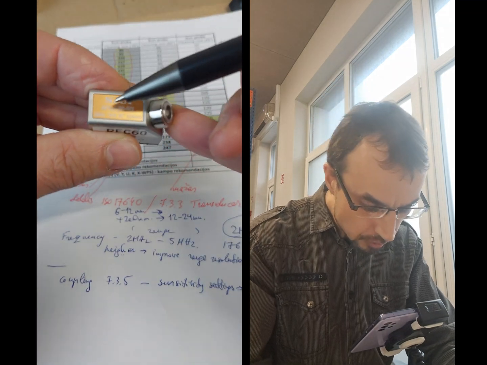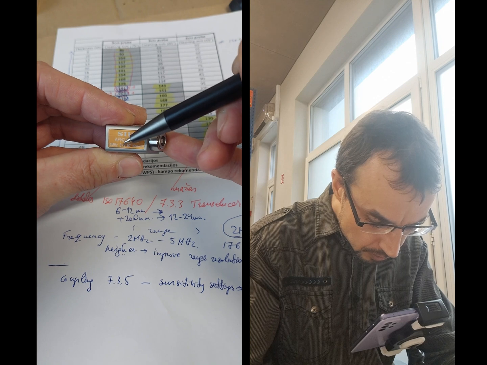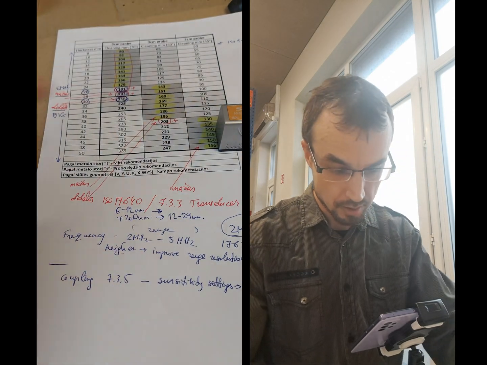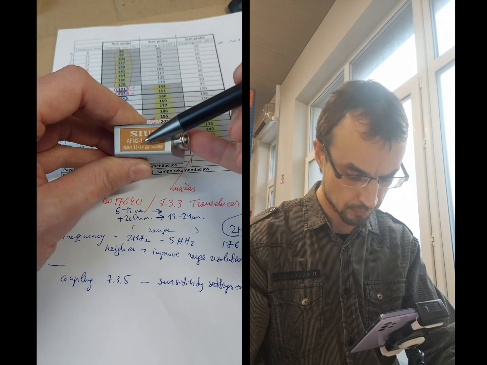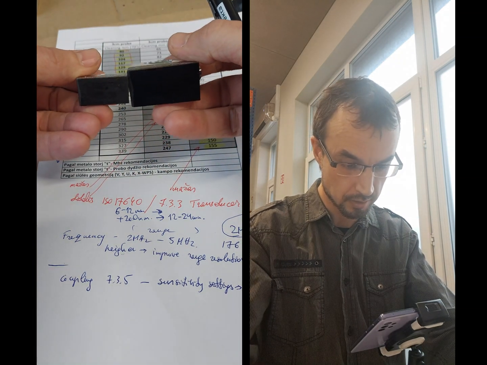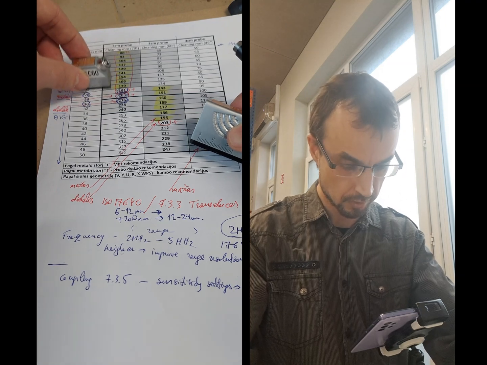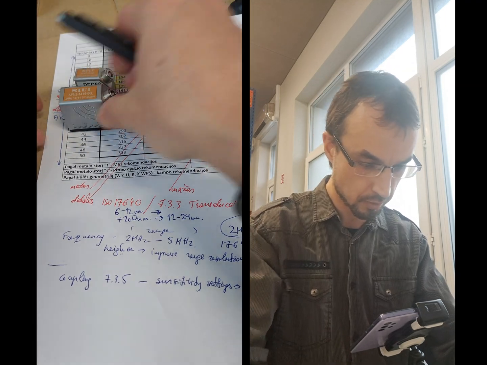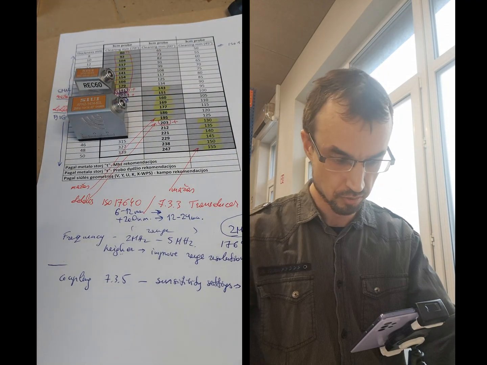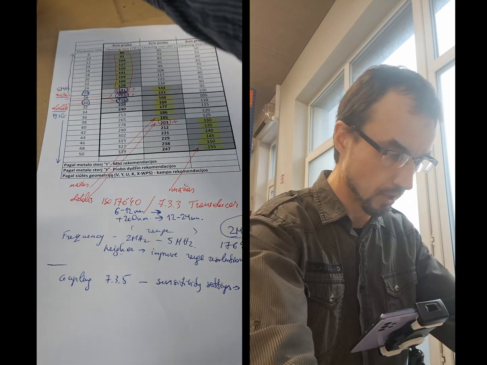You cannot see it here. 8 times 9 millimeters, and here is 14 times 14. Okay, so the difference is like that. So for this part the small is used, for this part the bigger is used. Recommended, okay, that's according to the standard.